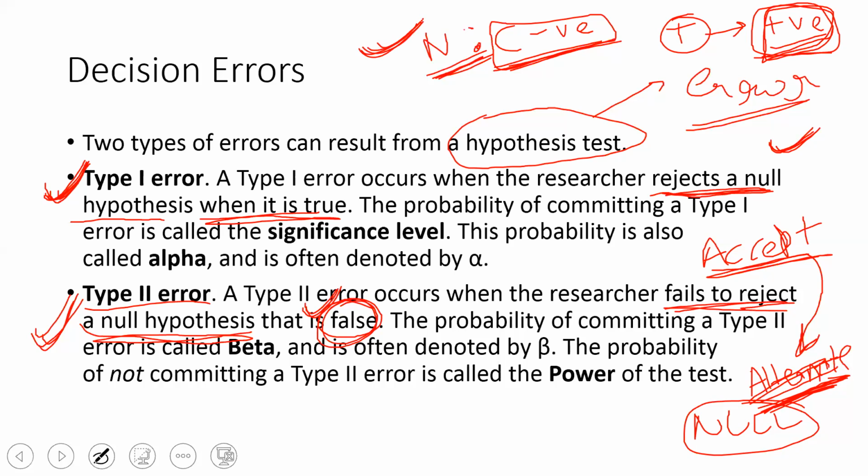See, the null hypothesis is that the person is corona negative, but in reality he is corona positive.